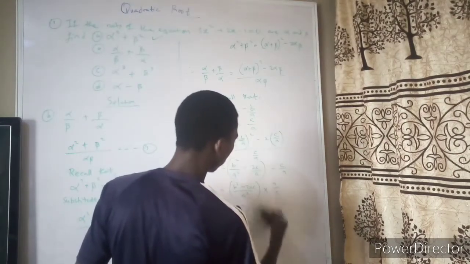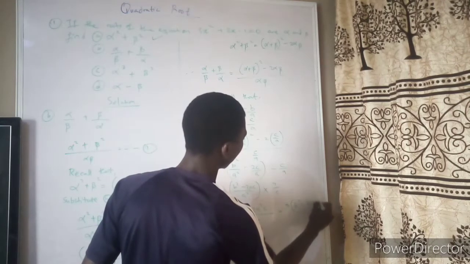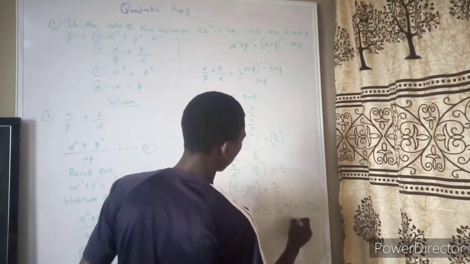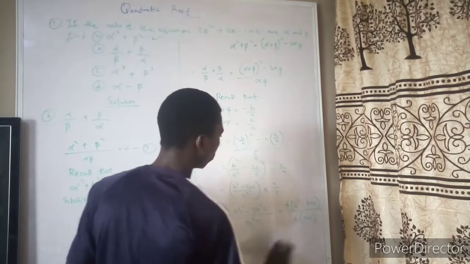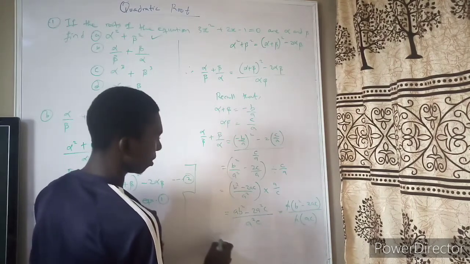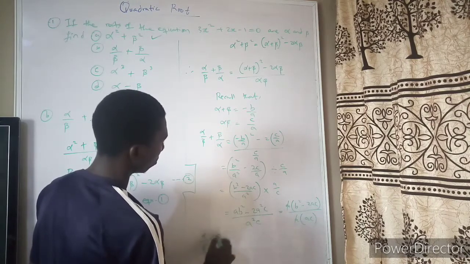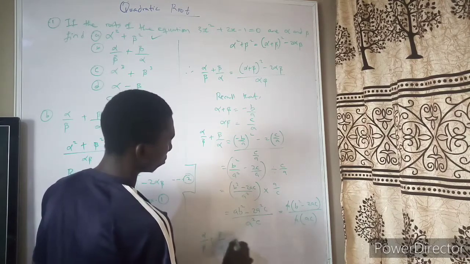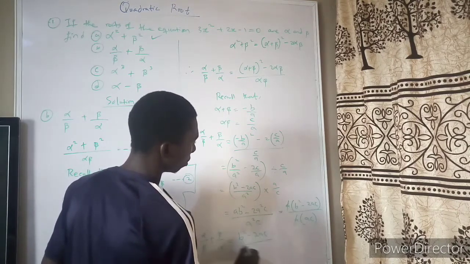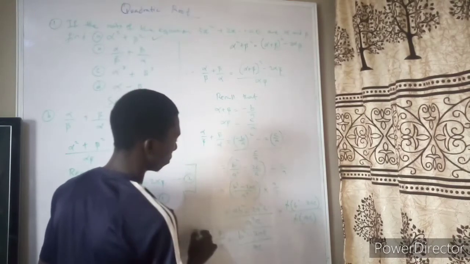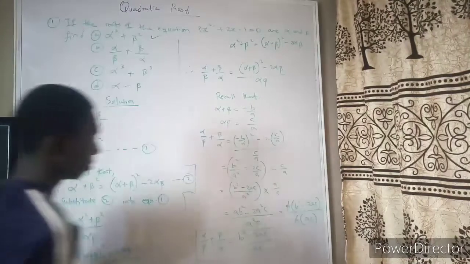A is common to the numerator and denominator, so I can say a into bracket b squared minus 2ac, all over a into bracket ac. If a cancels a, definitely I'll have alpha over beta plus beta over alpha equals b squared minus 2ac all over ac. Here is the formula.